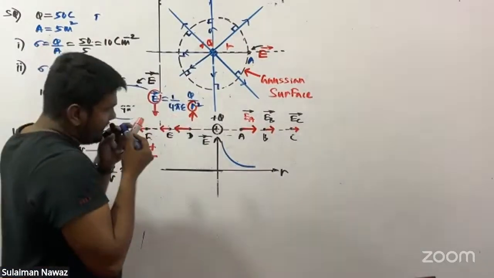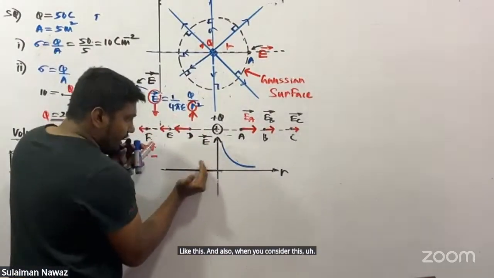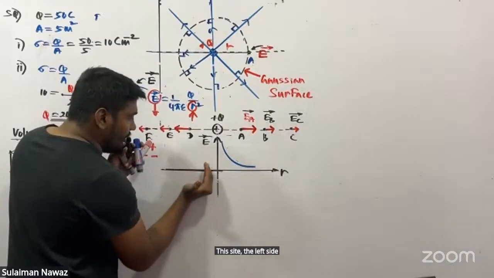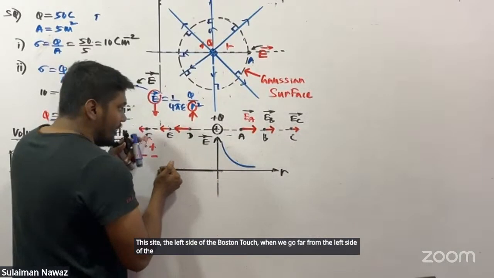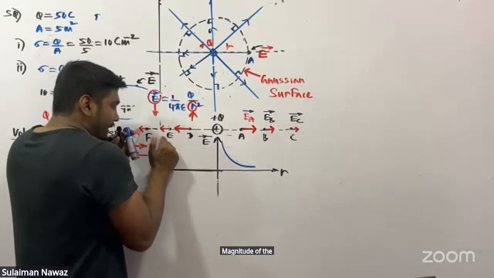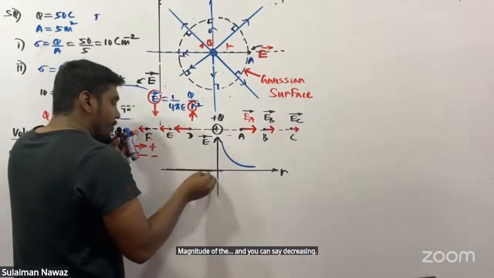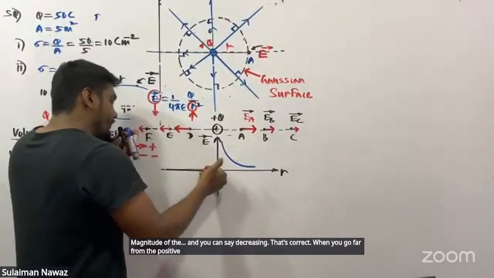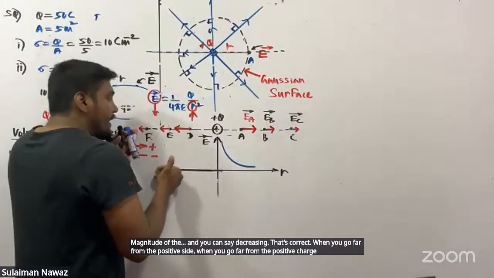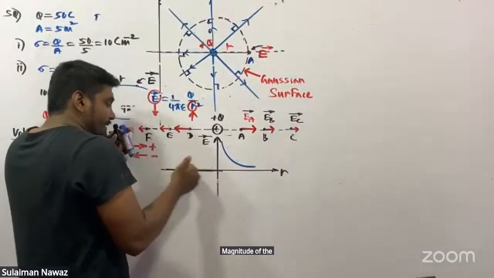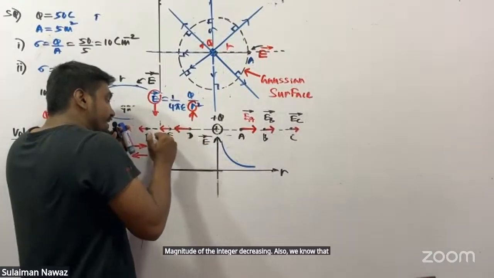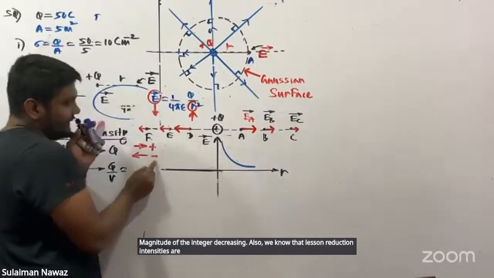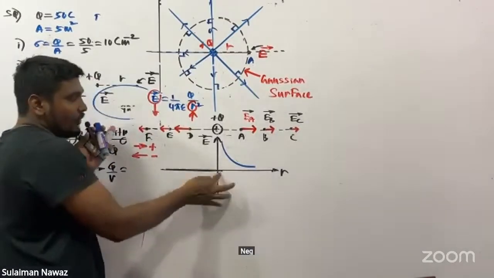Also, when you consider the left side of the positive charge, when we go far from the positive charge on the left side, the magnitude of the intensity is decreasing. We know that left side direction intensities are negative intensities.